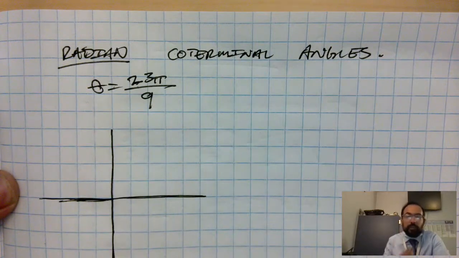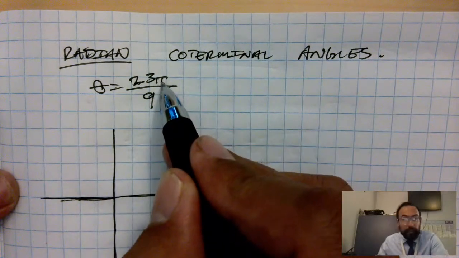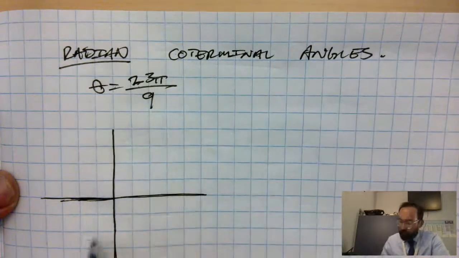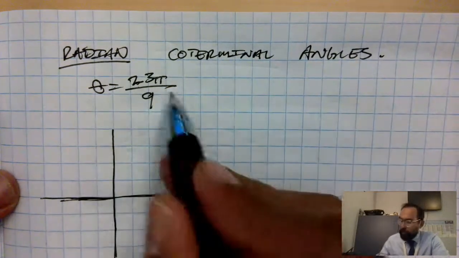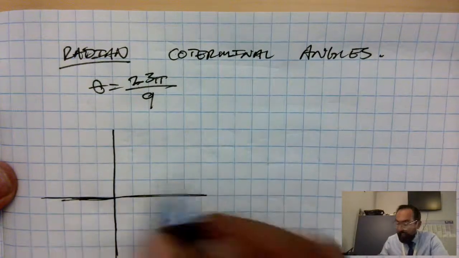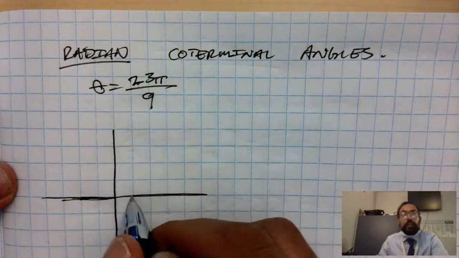the most concrete way that I can show you is to realize that we're splitting up pi 9 ways, and we're sketching 23 of those sections. So splitting pi up 9 ways, remember, since pi is 180, I need to split up half of this circle, half of this grid, 9 ways.